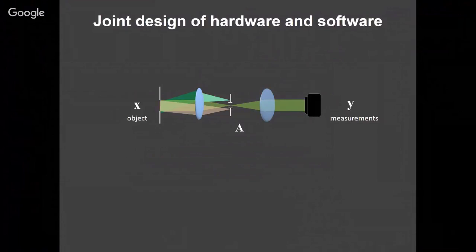So I take this in two parts, where you have some imaging system you're trying to design, and you have an object X that you're trying to recover by taking some measurements Y, and you get to design this A, which is basically your microscope's system function.